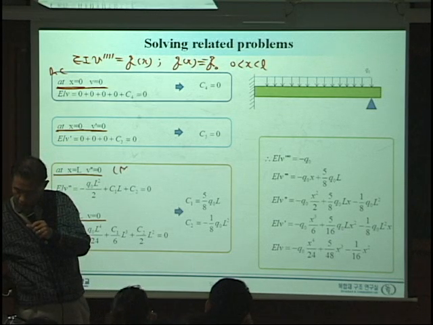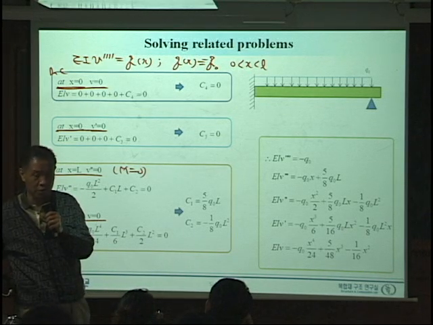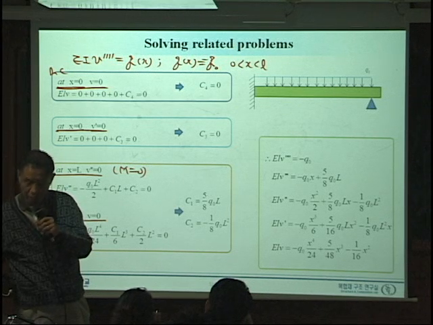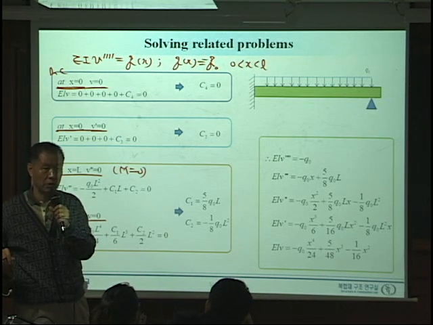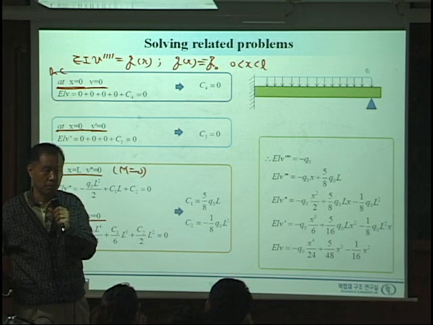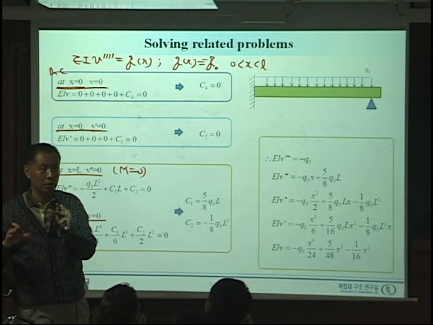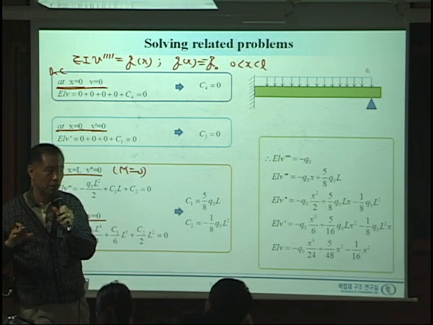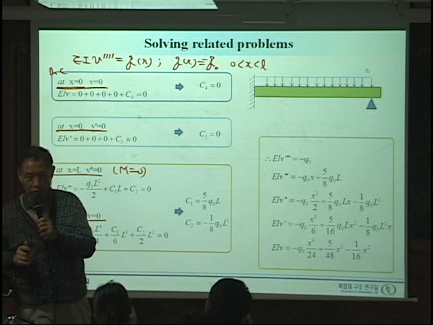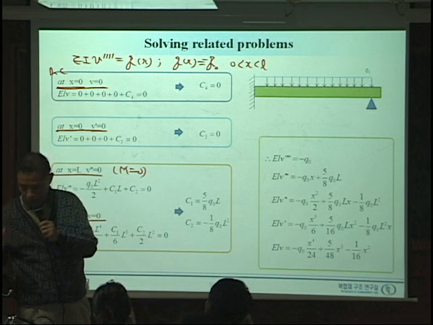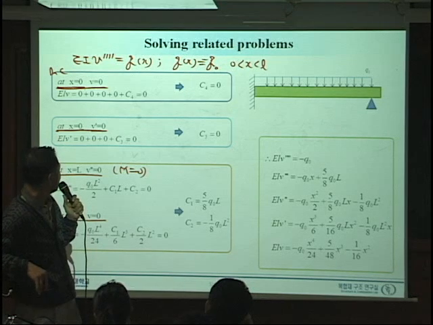So moment equals 0, and deflection equals 0. So you have to start with the governing equation, the applied forces, and the boundary conditions, write them down, and then try to solve it. If you don't follow this procedure, well, too bad.